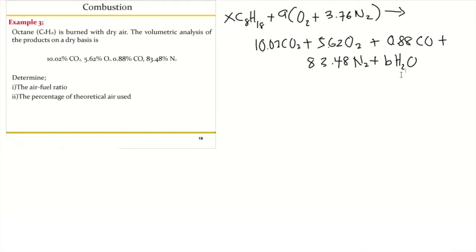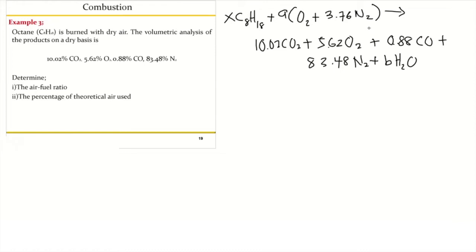This is how the combustion product looks. It is going to have water as part of the product. So now what we need to do is balance this equation and find x, A, and B.